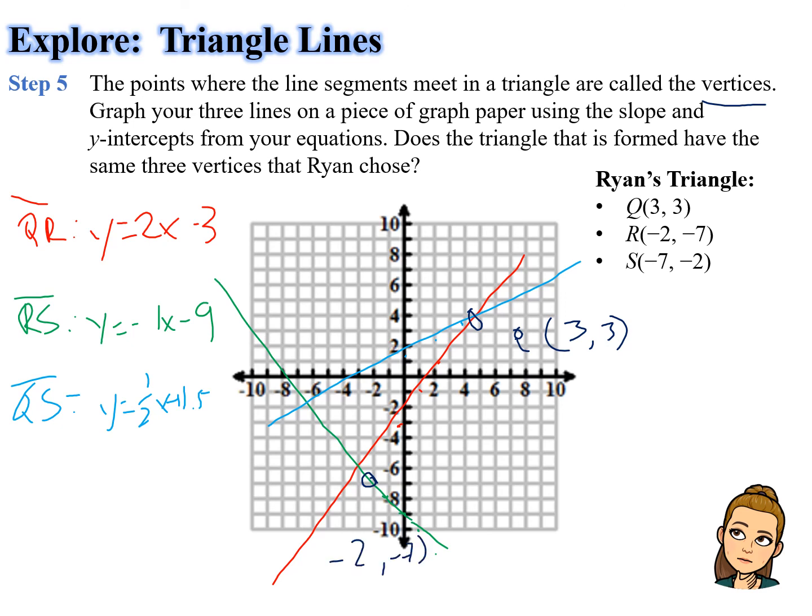And again, it's close, but my graph is very messy on the screen here. So that one should have been point R. And my last one at (-7, -2) should have been S. I was close. If I had a ruler, and if you look at my example that I'll post on Teams, I used a ruler and we were accurate. Graphing is tough because you need to be very precise.